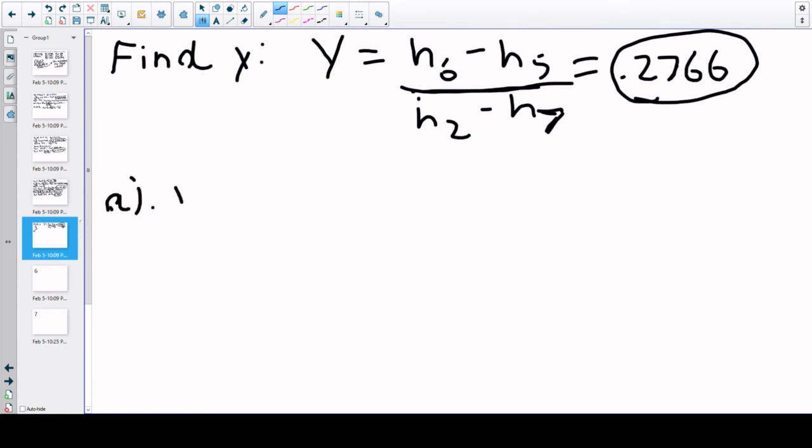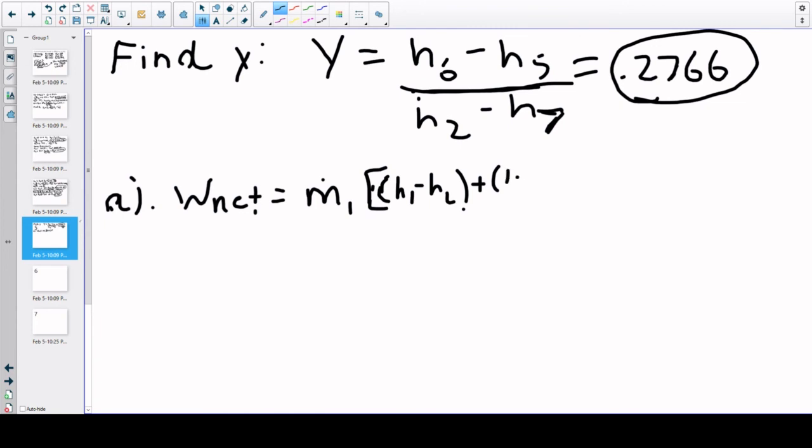So first up is the work net. The work net is equal to the mass flow rate of the cycle times the quantity, assuming this is steady state, so our mass flow rate stays the same. It is H1 minus H2, the work of the first stage of the turbine, plus 1 minus Y times H2 minus H3.